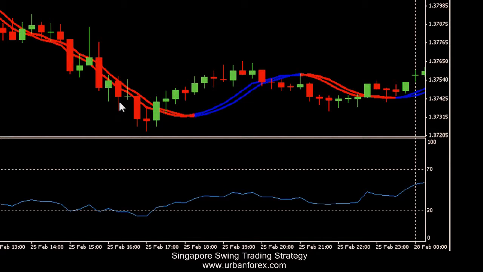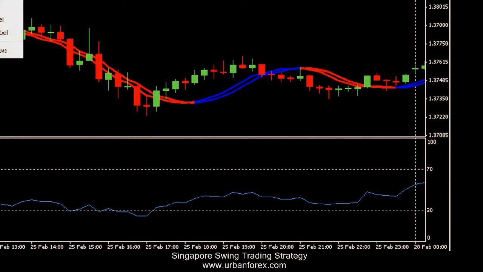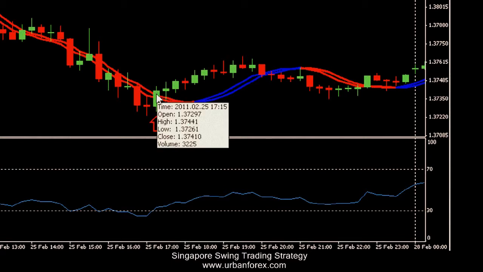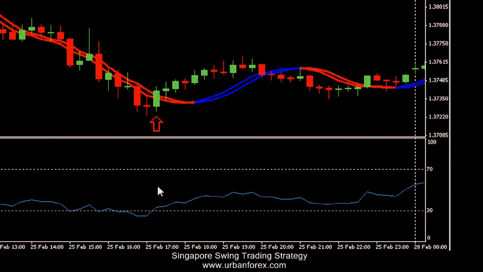Now once this happens, we want to look out for a candle to break above these red MAs. In this case we can see that this one did. It closed right outside of it, and even our RSI started trending outside of the 30 now. It went down to 30 and it's going above it now.